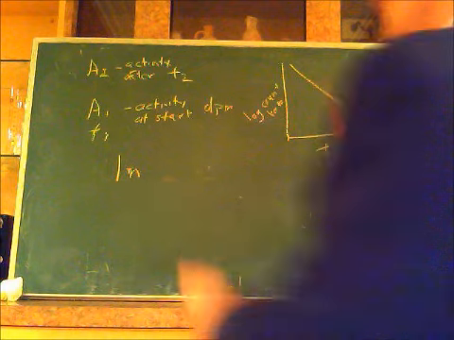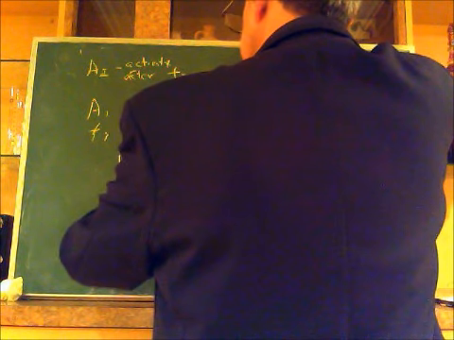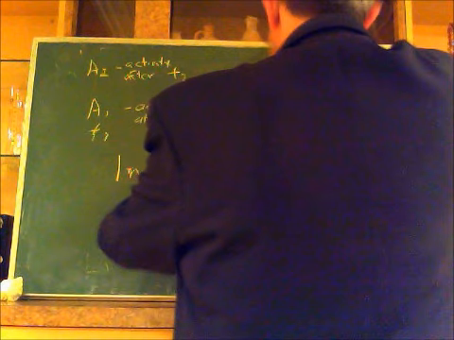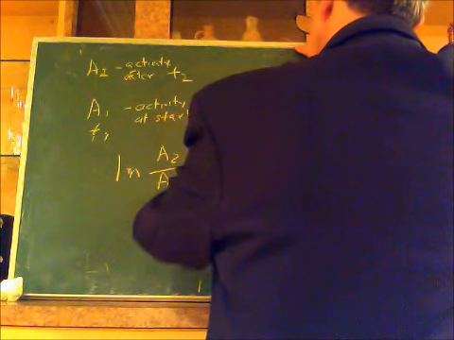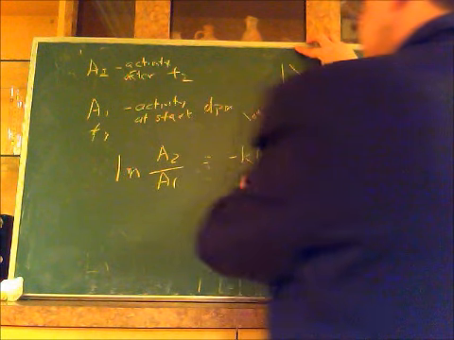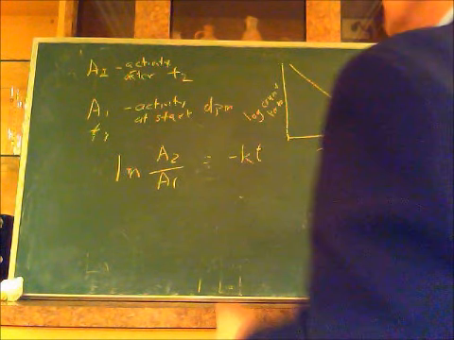But it's the natural log of A2 divided by A1. So if we take that ratio, that's going to be equal to minus kt. t is the time, and k is something that's called the decay constant.